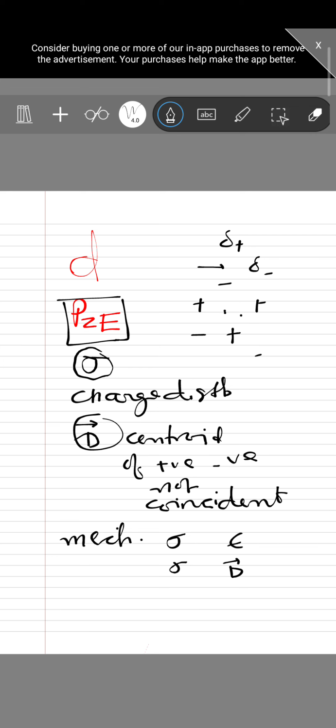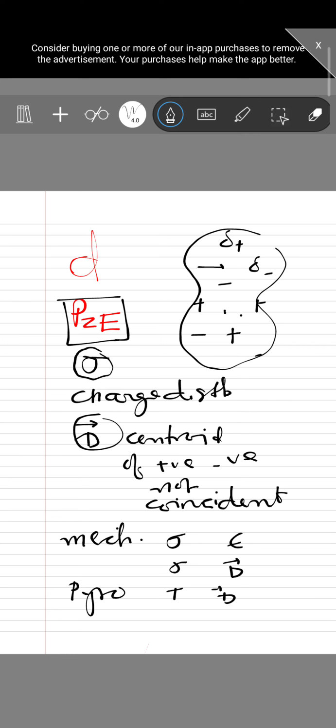Again, an application of temperature might also lead to a similar distribution of charges, which might again give rise to D. This is known as pyroelectricity. I will take this up in our subsequent lectures. Now in this lecture we will specifically focus on how we can define this piezoelectric coefficient d.